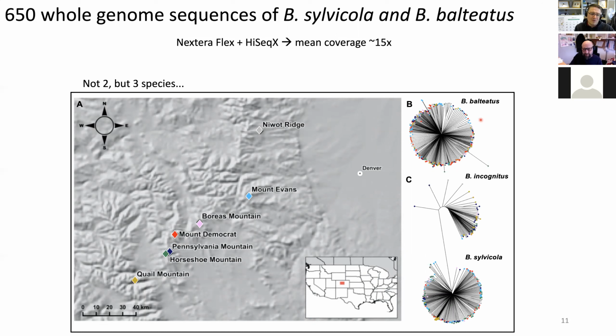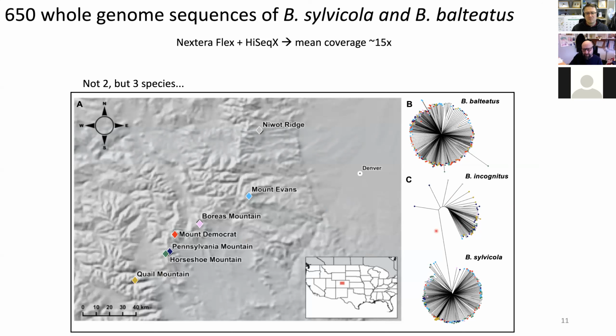trees that are made from the two species that we collected, although we quickly realized that it seems more likely that there are actually 3 species. So you can see that the Bombus balteatus samples are found in one cluster, whereas the silvicola samples cluster into 2 different clusters, and there's very little substructure that can be observed according to geography.